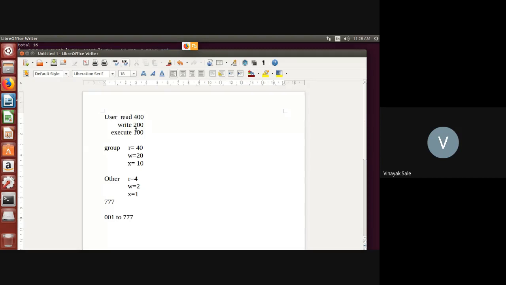From 000 to 777, 000 indicates no read, no write, no execute for user, group or other, whereas 777 indicates read, write and execute permissions for user, group and other.